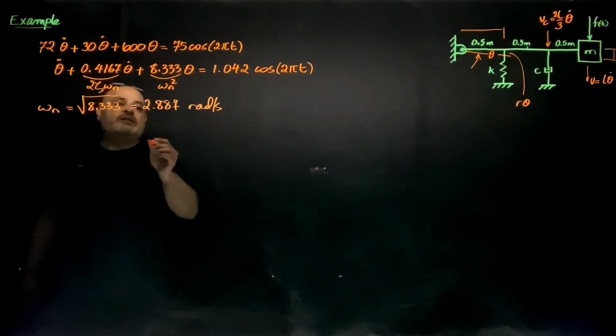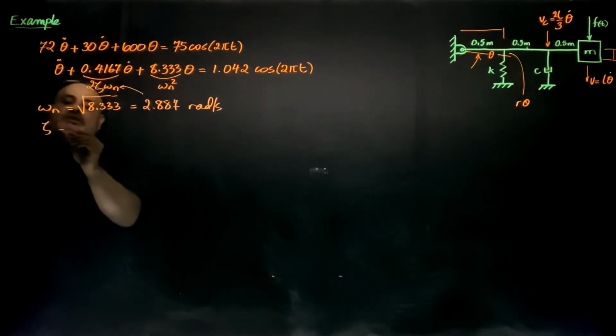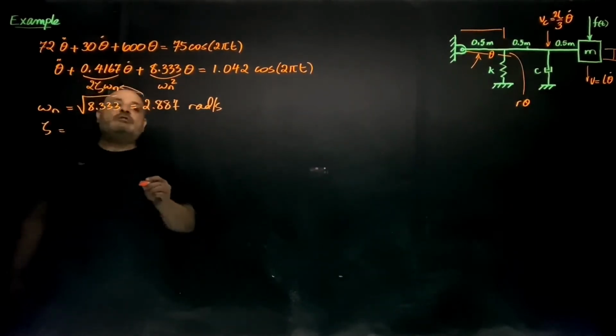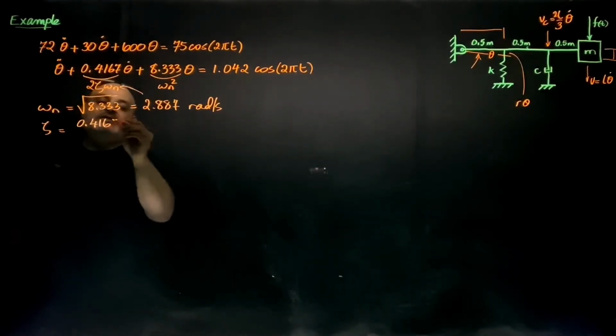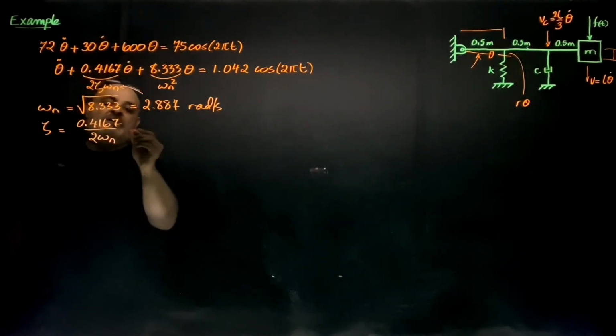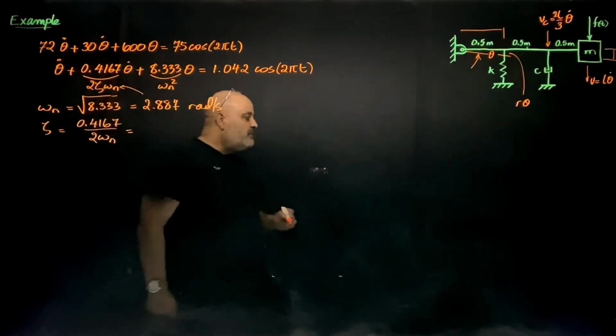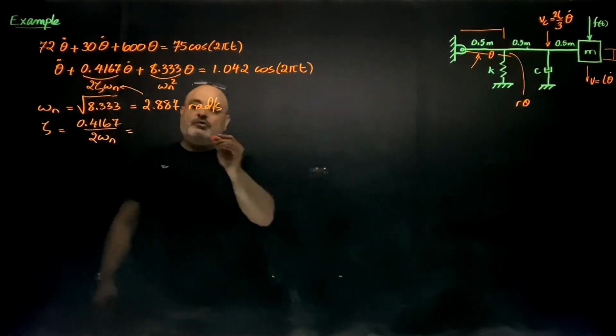And then I can substitute this value right here and solve for zeta, which is 0.4167 divided by 2 omega n, and that comes out to be 0.0722.